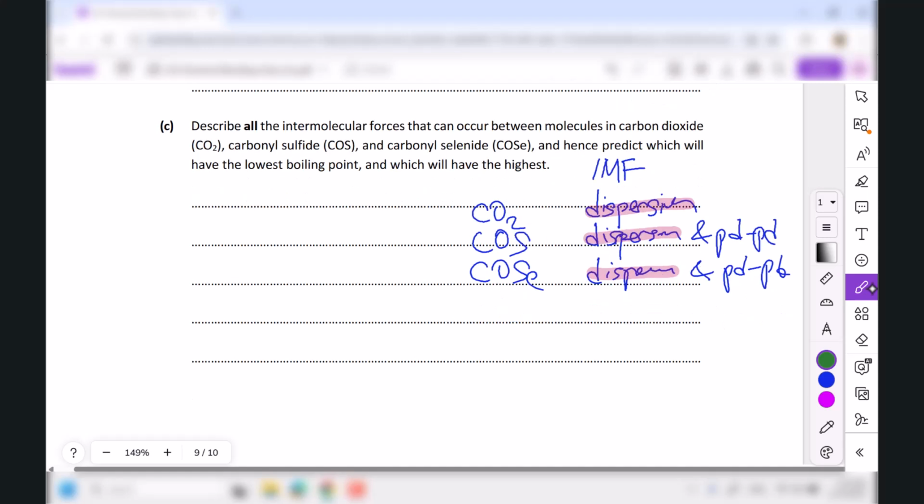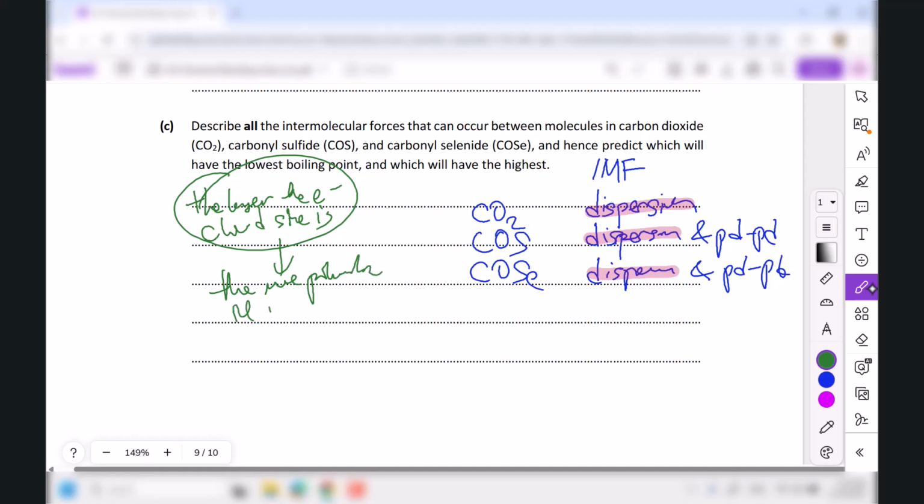Okay, so the thought process will be like this. So first you identify molecules with a large electron cloud. Okay, so you can highlight the larger the electron cloud size is, okay, so this is the first point, then the more polarizable it is.